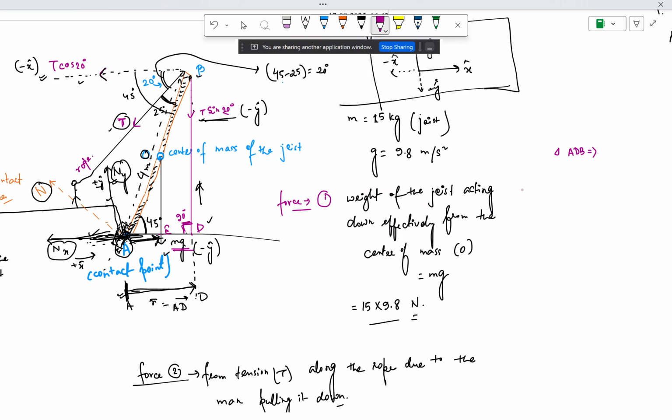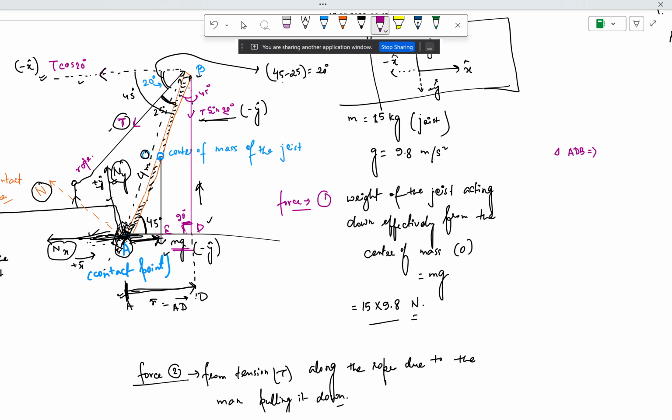If this is 90 degree and this is 45 degree, then the remaining angle is also 45 degree. Why? Because the sum of all angles in a triangle is 180 degree. So this is 45 degree.